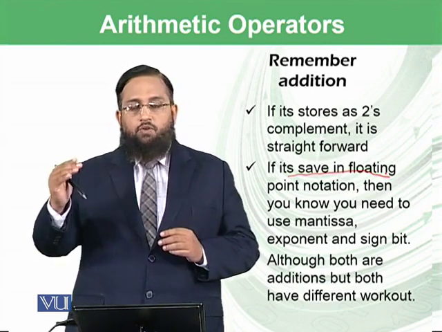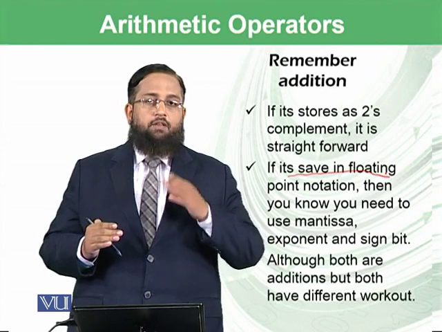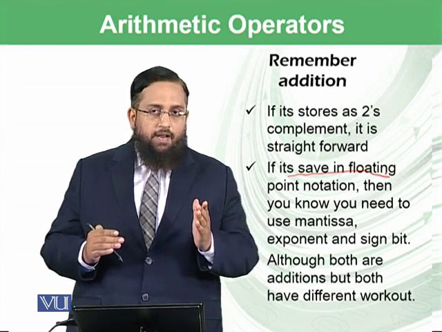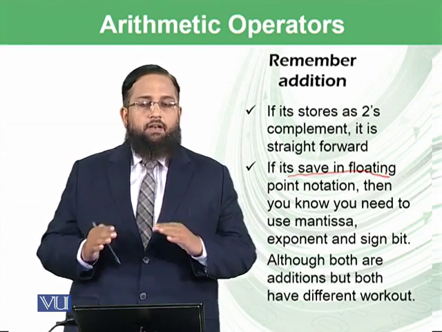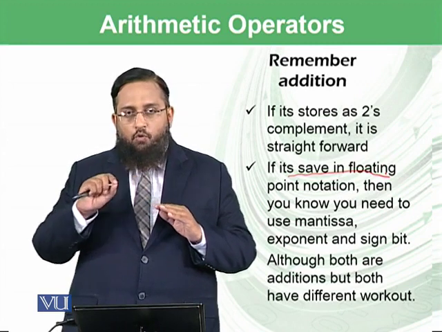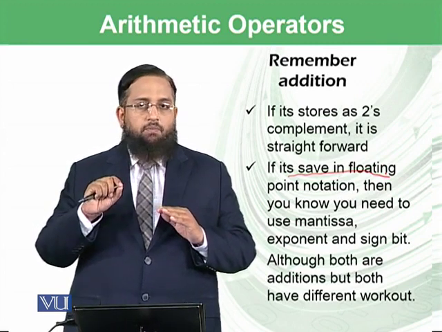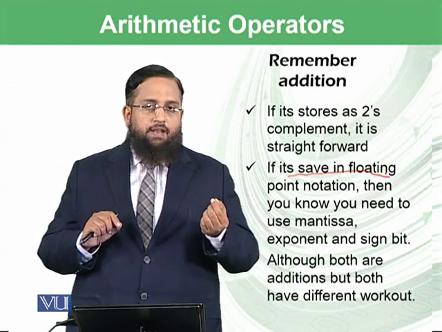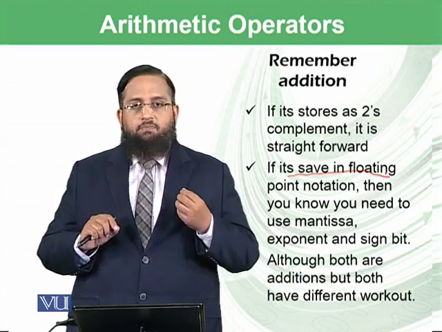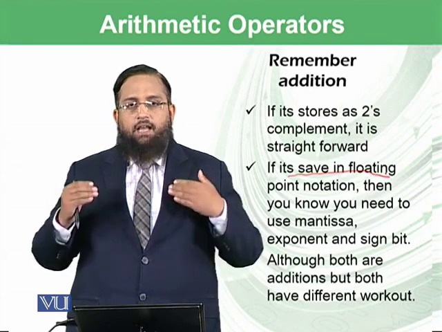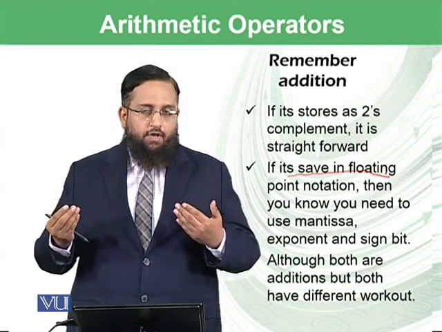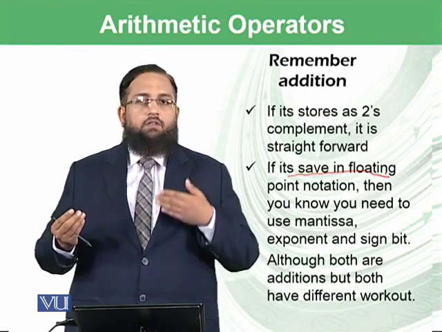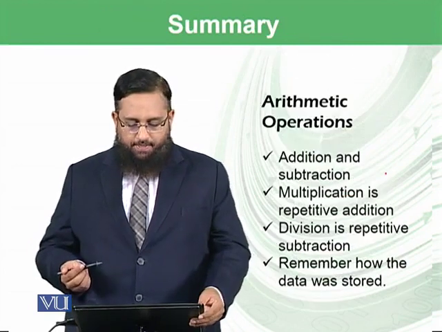First you need to extract the mantissa, then see the exponent, and based on the exponent field move the radix point or decimal point within the number, and then see whether the number is positive or negative using the sign bit. So in such a case, the addition would be totally different. It also depends on how the values have been saved.